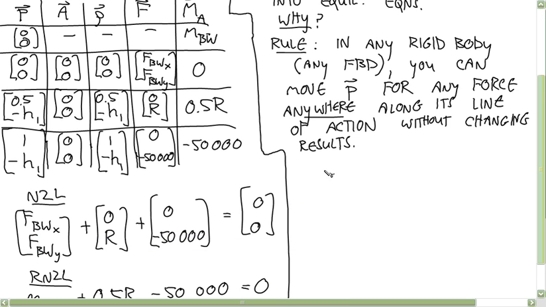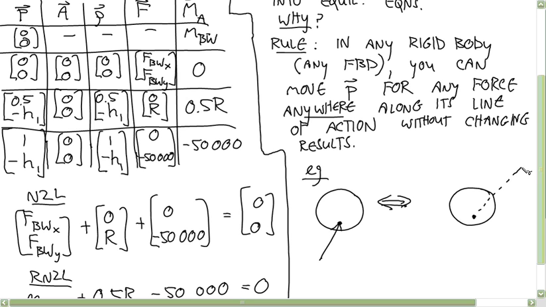So for example, if your problem originally is this, the line of action goes through that point.